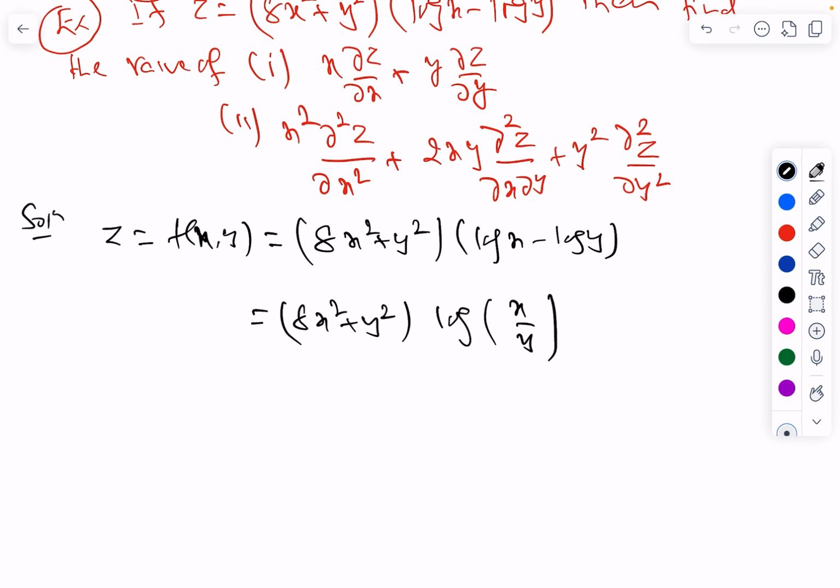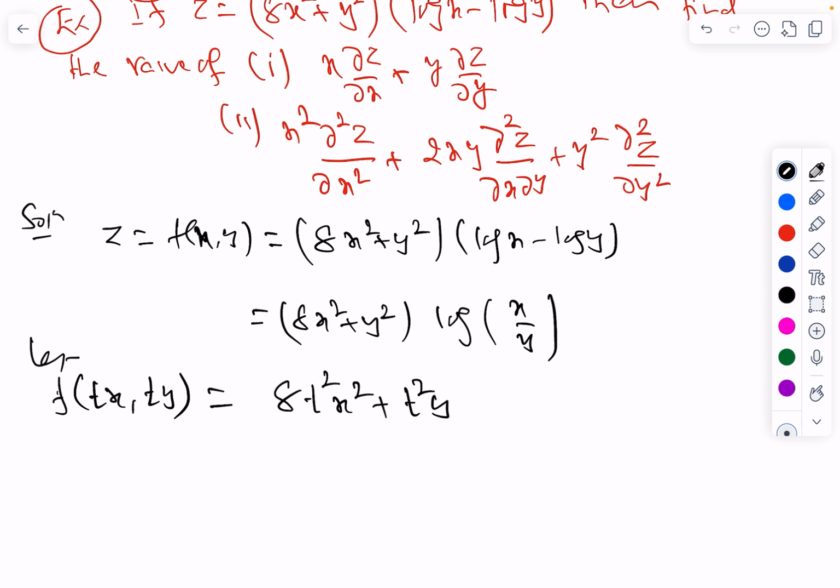Now let us first check whether it is a homogeneous function. For that, let f(tx, ty). So this is (8t²x² + t²y²) log(tx/ty).